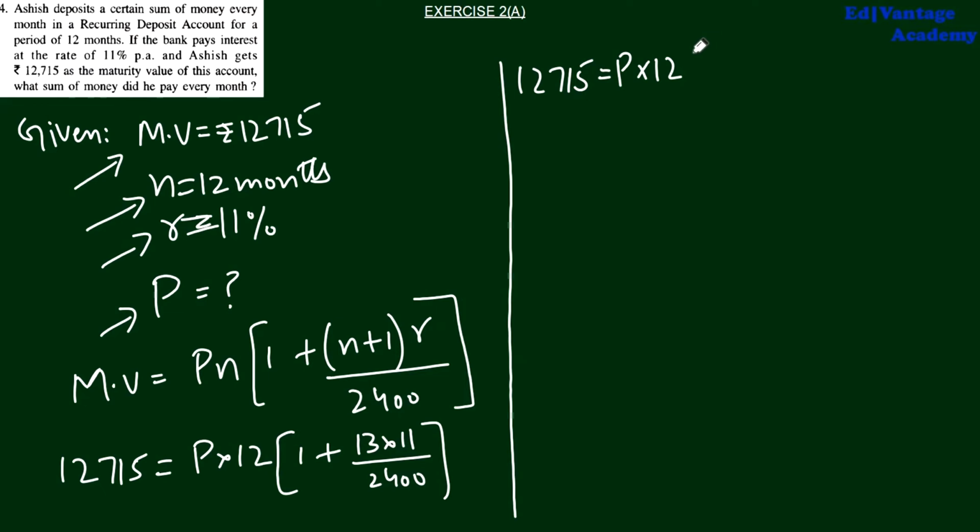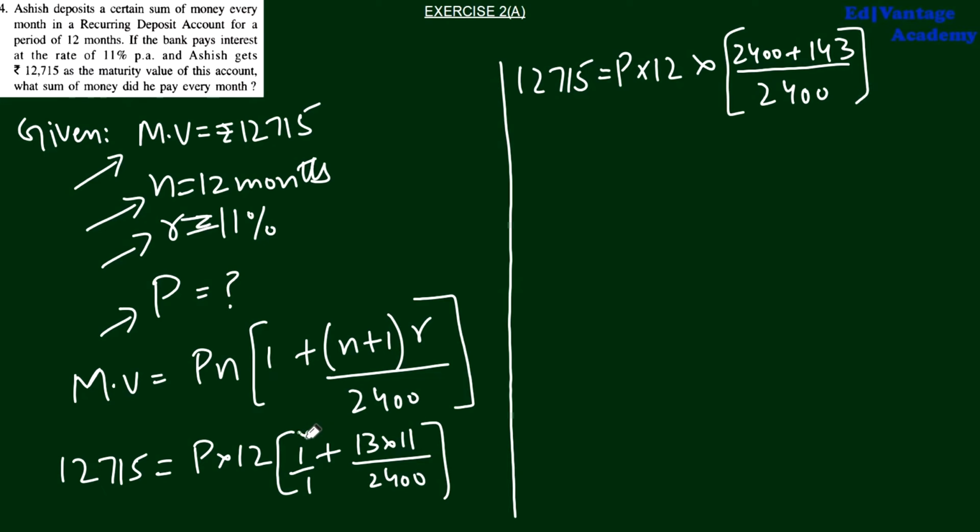And after taking LCM in this part, you can see 13 and 2400 don't go with any table. 11 and 2400 also don't go in any table. So better is to multiply 13 into 11 and take 2400 as LCM. After taking LCM, you got 2400 as LCM, and 13 into 11 should be 143. So this is what we got after LCM. For the 1 we took the LCM, it came 2400.